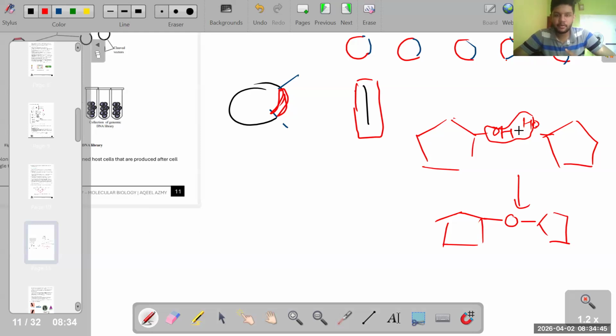The second one is the peptide bond. Where did we learn about peptide bonds? Can't remember? If you can't remember, just let me know.